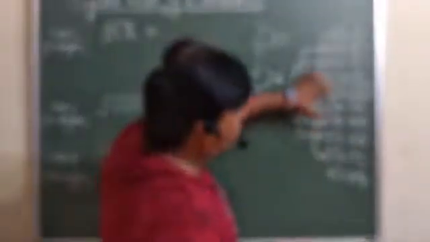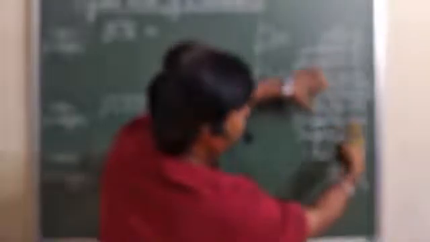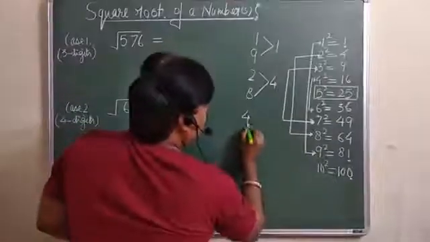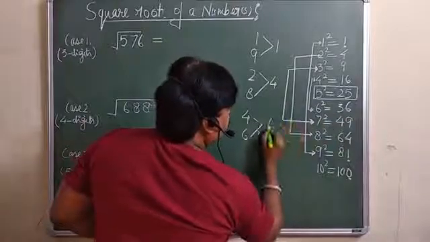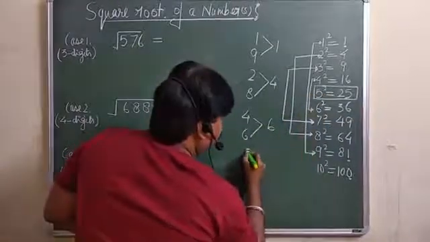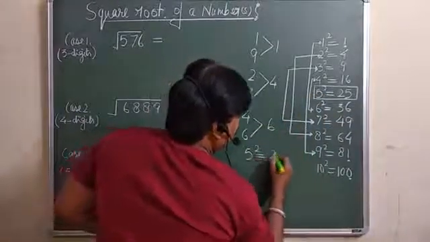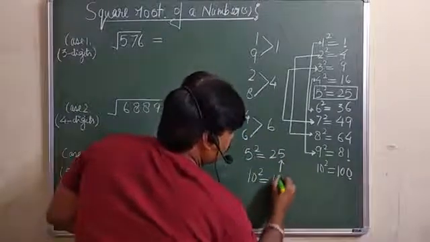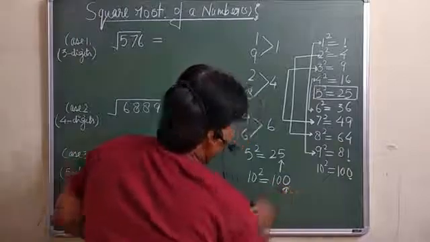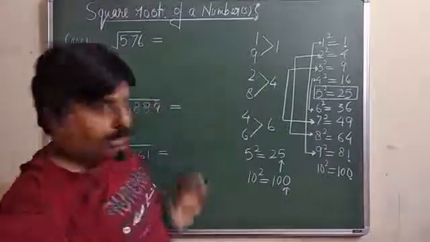And 4 and 6 squared give unit digit 6. But in case of 5 square, 5 is separate, and 10 square gives 0. So there is a relation here.